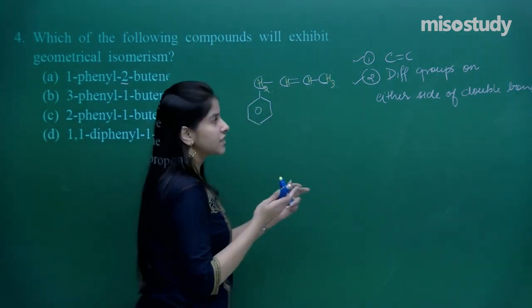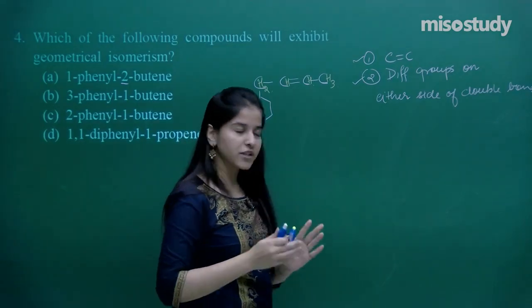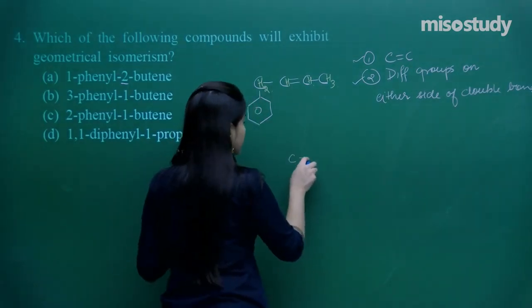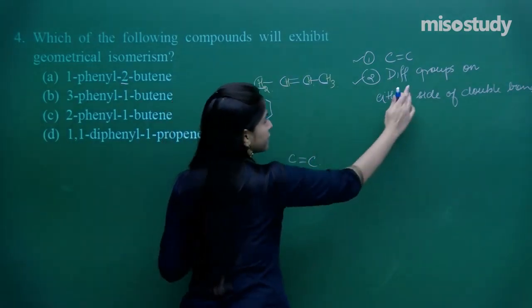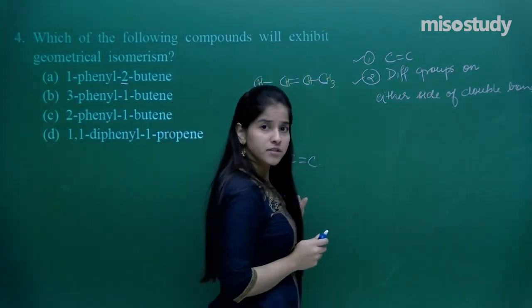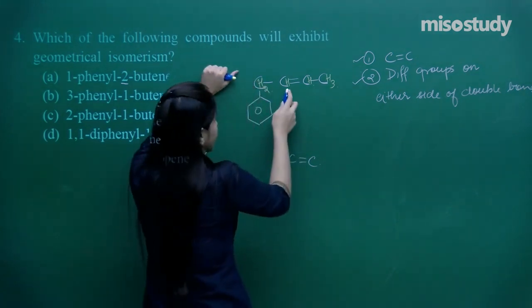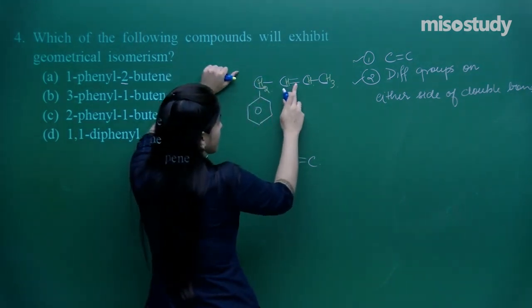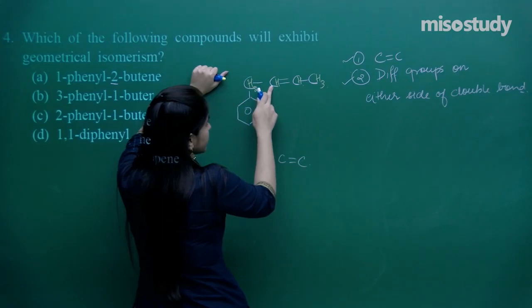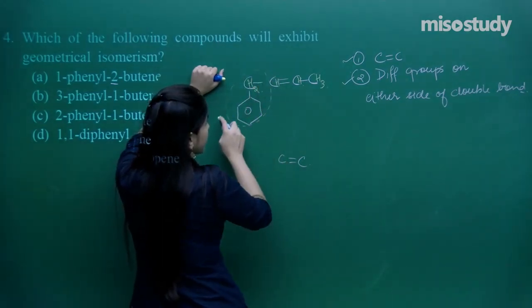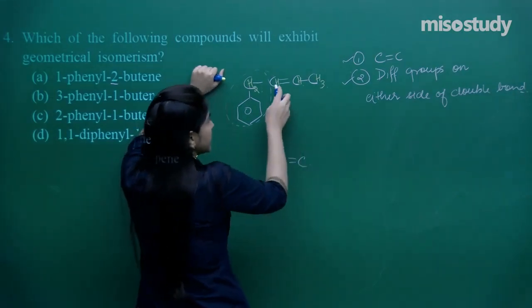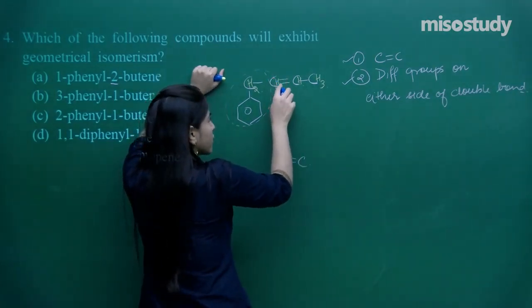So can you arrange these in a cis-trans conformation? There is a double bond. Do I get different groups on either side of the double bond? Let us check. I have got this double bond attached with a carbon having this very group, and this carbon having one more hydrogen.